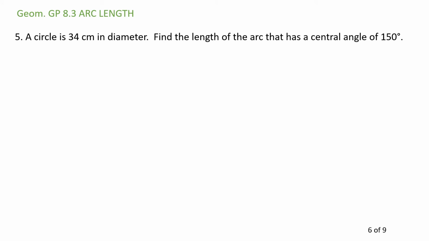A circle is 34 inches in diameter, and I want to find the length of the arc. So I'm going to do this as a backwards problem. Circumference is 2... Pardon me, I want to use the arc length formula.